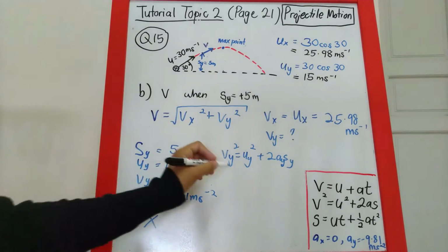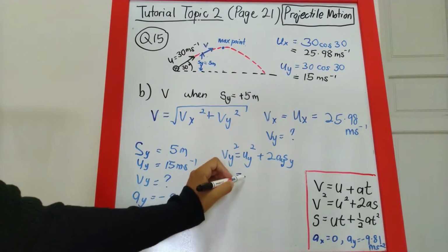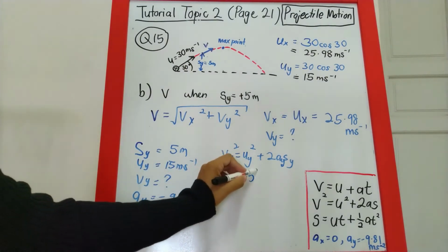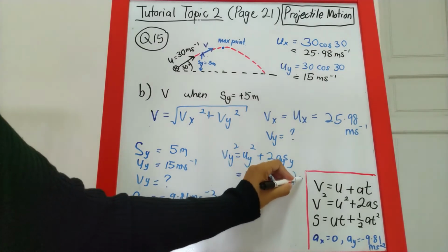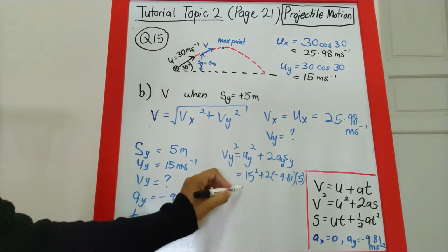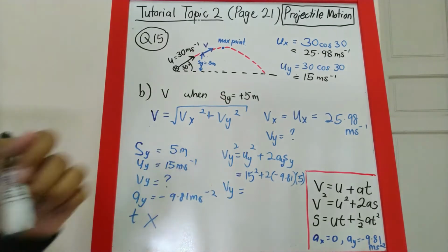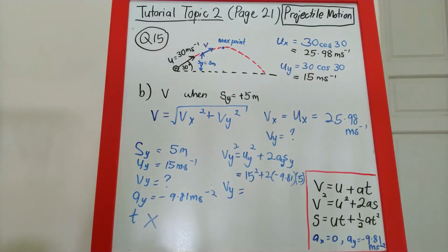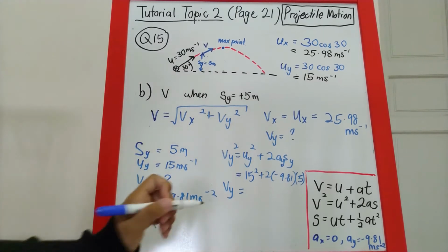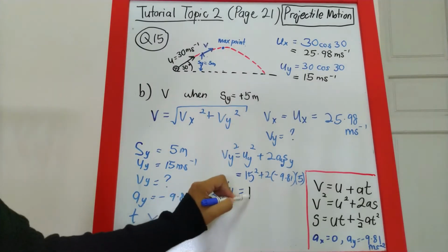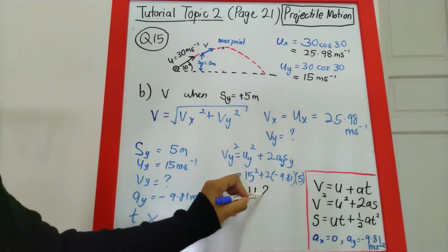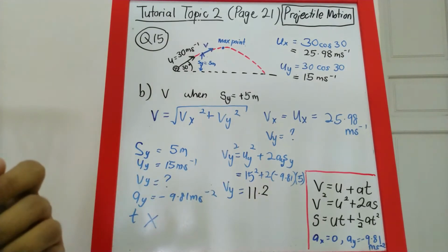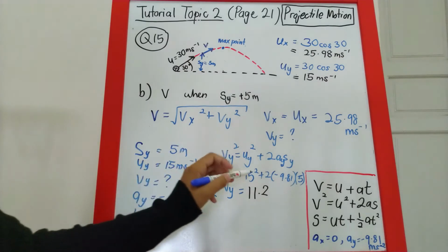Substitute the values, 15 and so on, and you will get Vy equals 11.265.